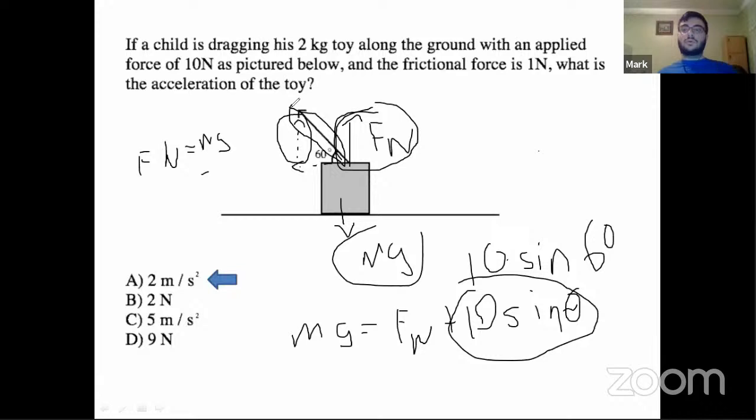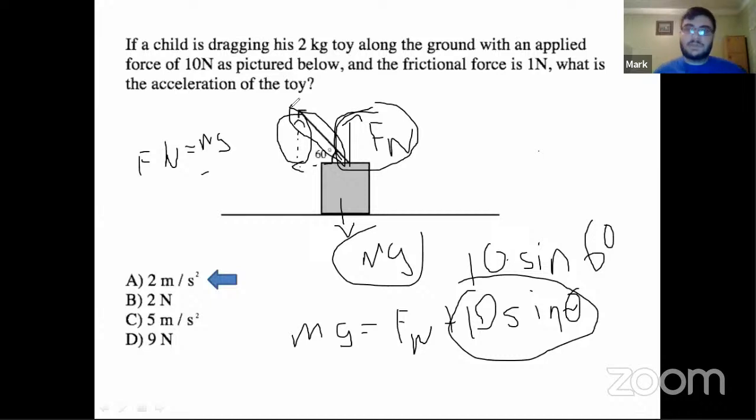And if you want to think about it this way, when you're dragging something, especially at an angle, and you're lifting it a little bit up, the ground isn't applying enough of a force to cancel out gravity, because you're taking some of that burden onto yourself in order to drag it, in order to move it.